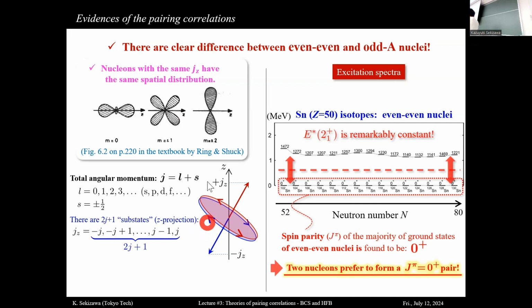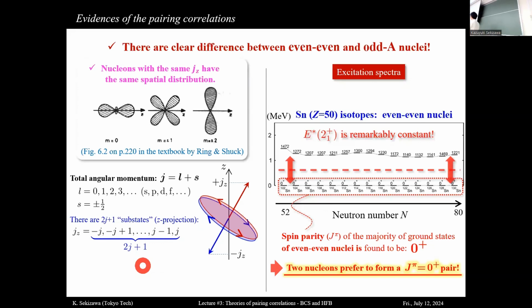Then we have the total angular momentum, which is the summation of the orbital angular momentum and the spin angular momentum. This is the total angular momentum, which we denote as J. As you have learned from quantum mechanics, the total angular momentum can take several states, from minus J up to J, so 2J plus 1 possibilities.